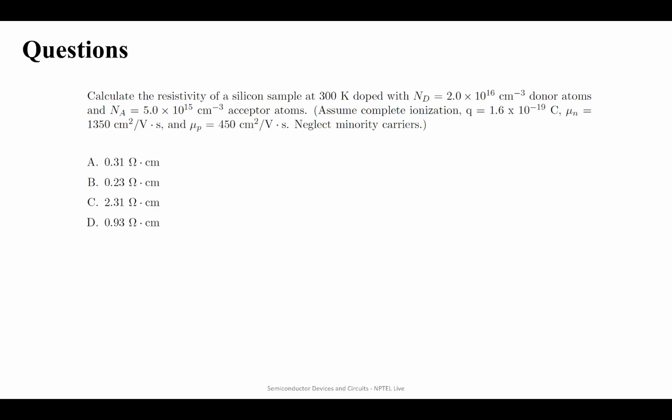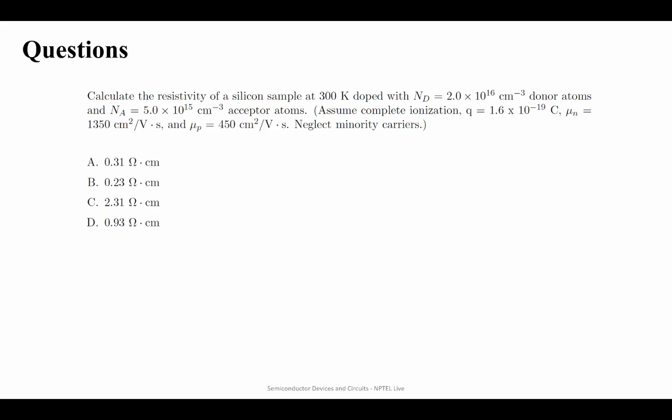Calculate the resistivity of a silicon sample at 300 K doped with Nd equals 2 times 10^16 per cm³ donor atoms and Na equals 5 times 10^15 per cm³ acceptor atoms. Assume complete ionization, q equals 1.6 times 10^-19 coulomb, mu n is 1350 cm² per volt second and mu p equals 450 cm² per volt second.